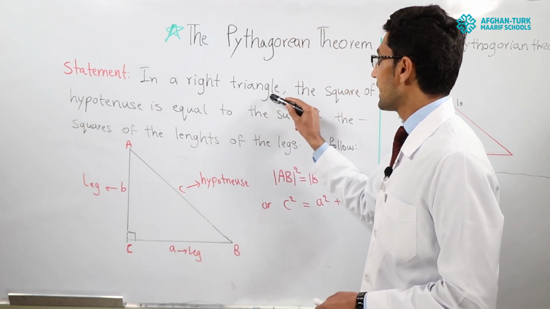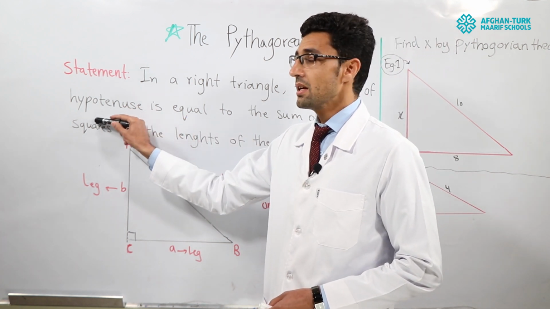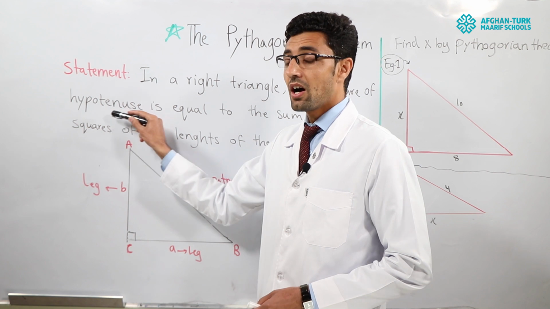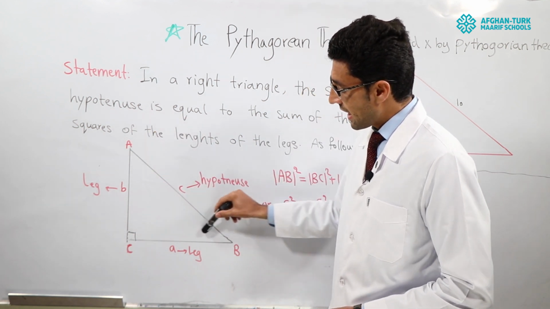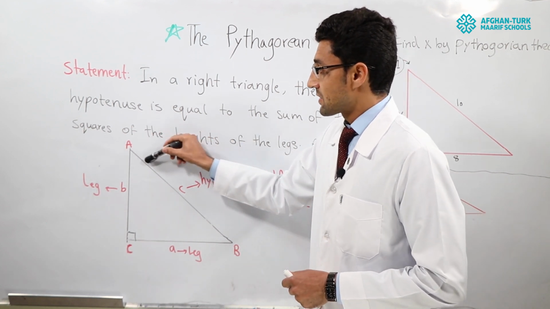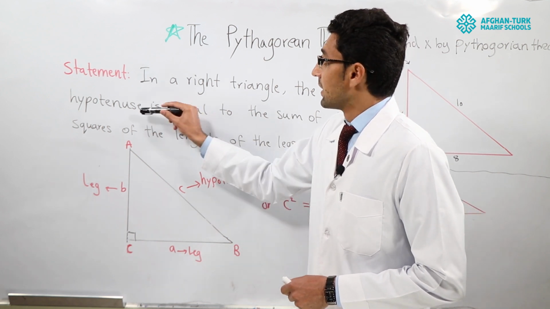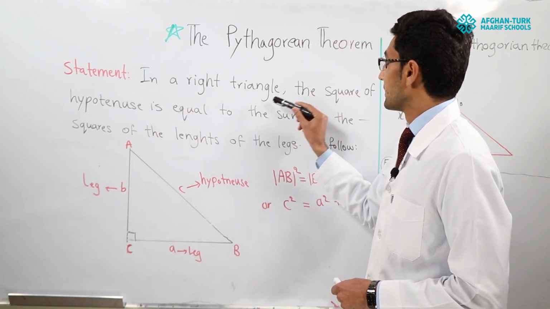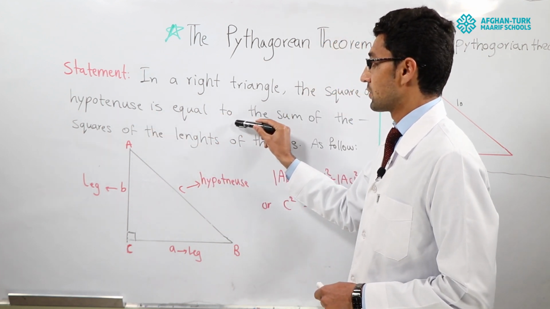In a right triangle, the square of the hypotenuse, repeat after me, hypotenuse. It means that in a right triangle we have one long side which is called the hypotenuse. The square of the hypotenuse is equal to what?